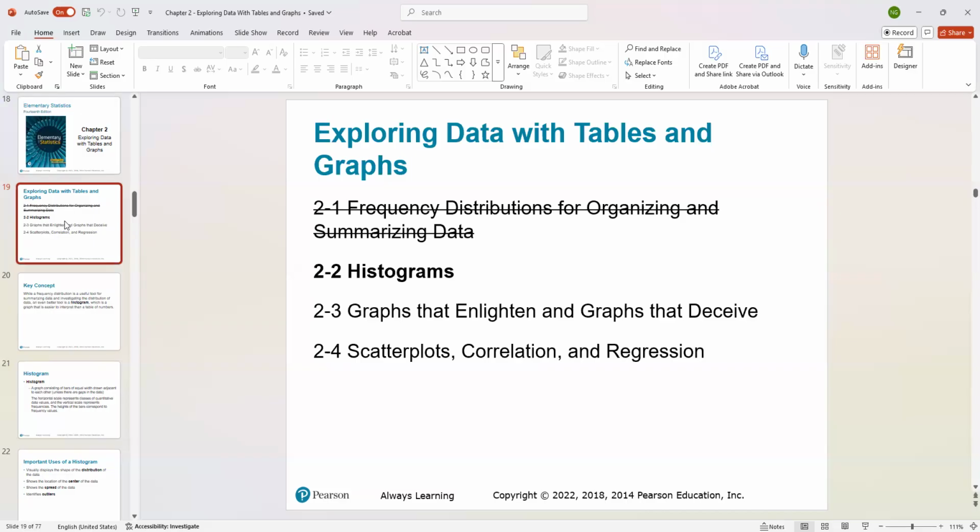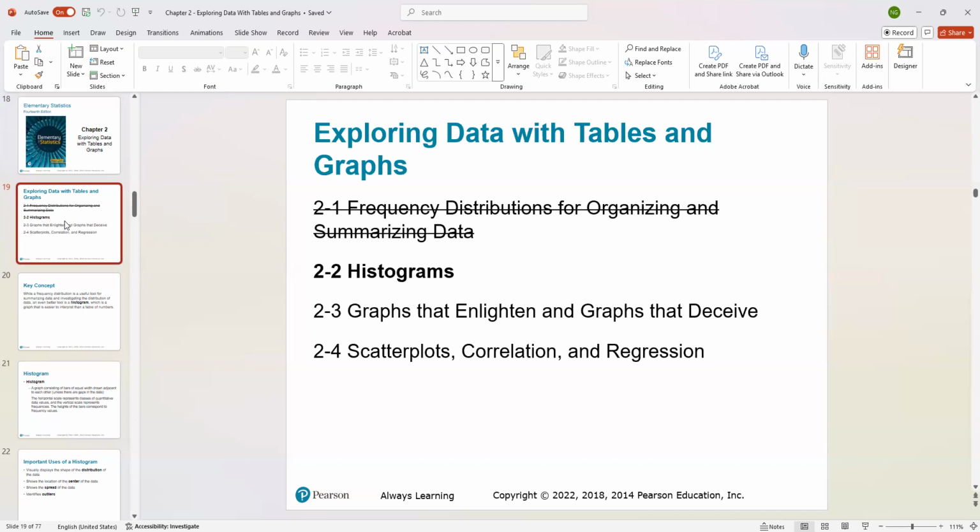We use a histogram for quantitative data only, but for categorical or qualitative data, we're not going to use a histogram. We will examine a histogram and identify common distributions: is it skewed left, skewed right, symmetric, or uniform? It all depends on the shape of our histogram.